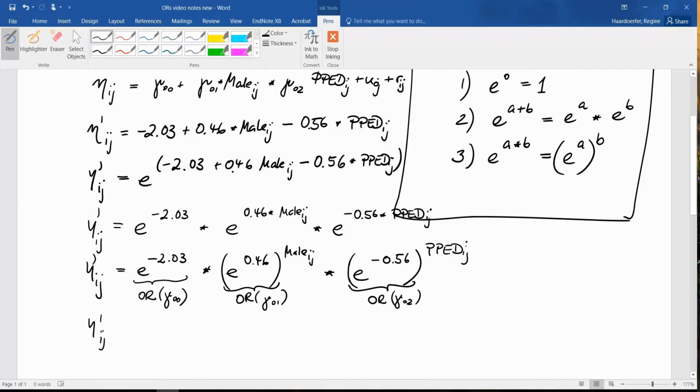So we can rewrite this equation, either by copying the odds ratios or plugging the numbers into the calculator, and what we get is 0.13 times 1.59 to the power of male ij times 0.57 to the power of pre-primary education.